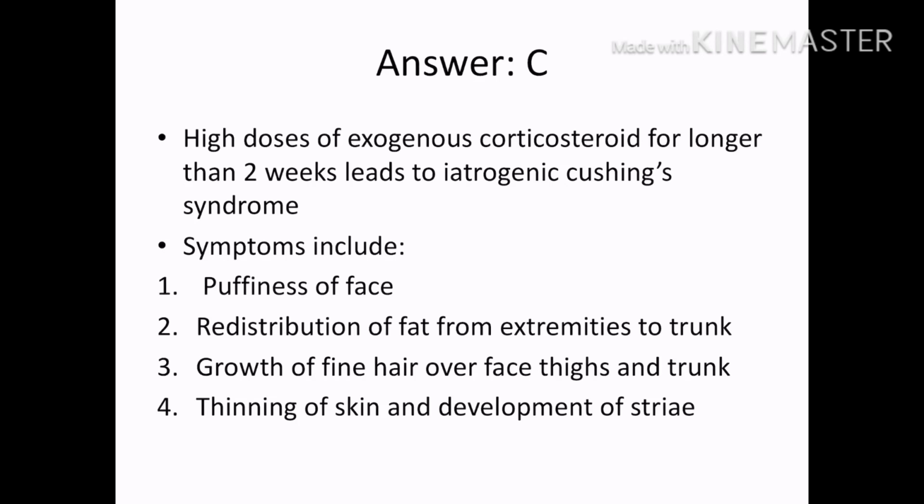The patient starts developing symptoms that resemble those of Cushing syndrome, such as puffiness of face, redistribution of fat from extremities to trunk, growth of fine hair over face and thighs and trunk, and thinning of skin and development of stria. This Cushing syndrome that is caused by drugs is called iatrogenic Cushing syndrome.